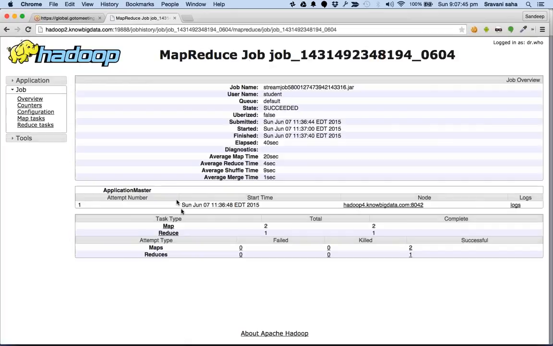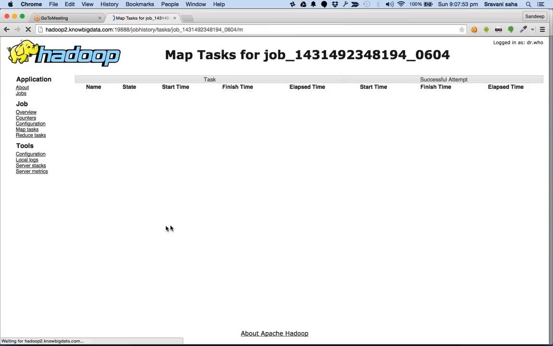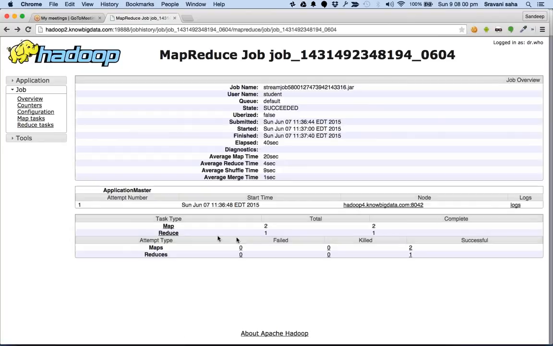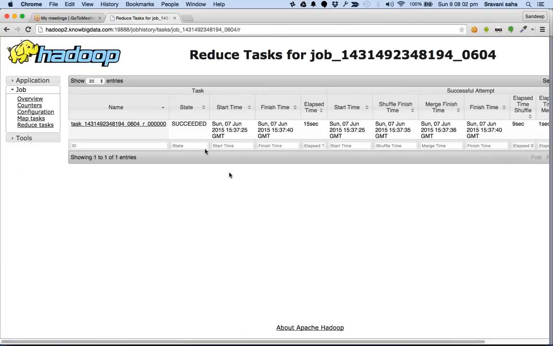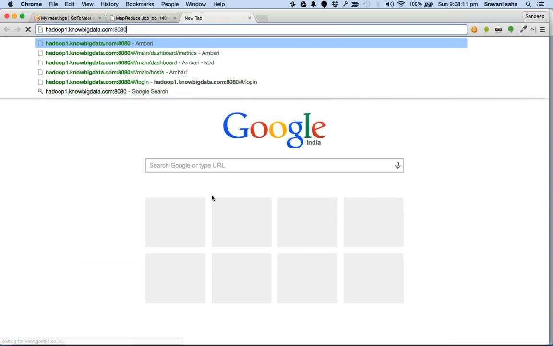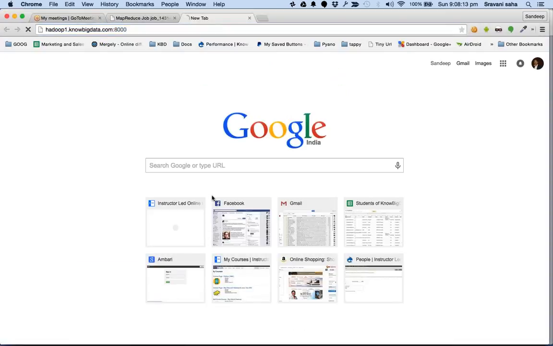Those who are inclined to debug and are doing print statements inside their map function, that goes into the logs here. It says that the task has succeeded. There are two tasks running here, and reduce also has succeeded, finished computation, and that means we can check in the hue.